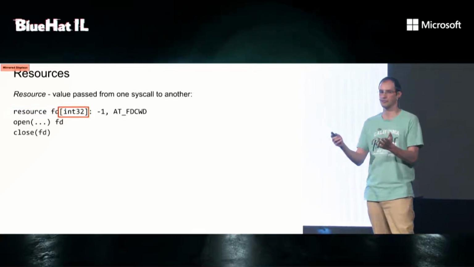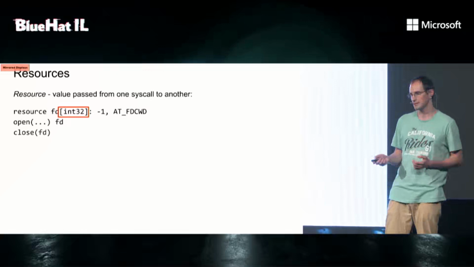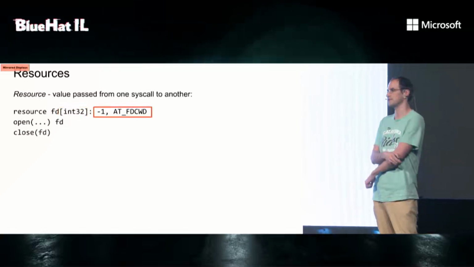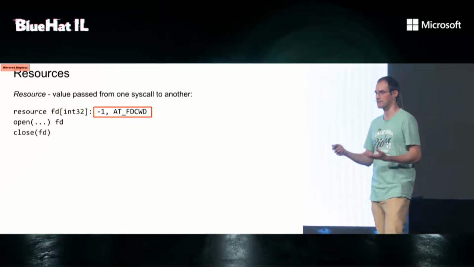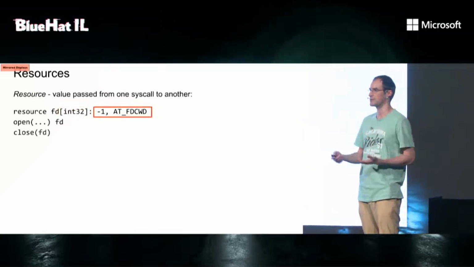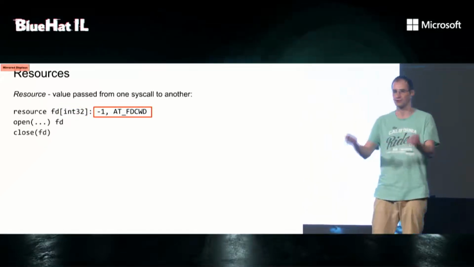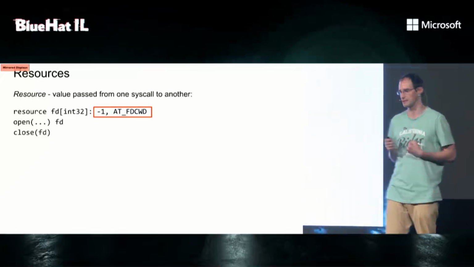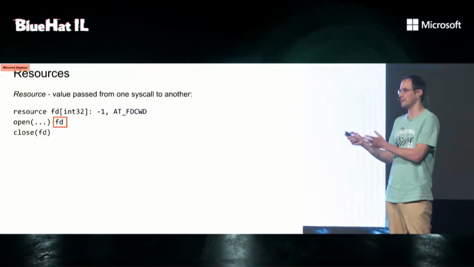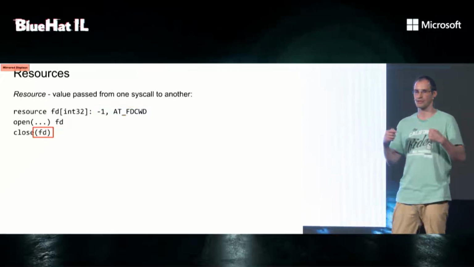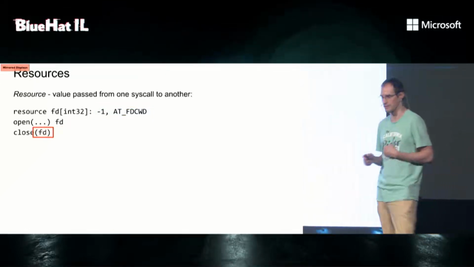So if it's inside of a structure, it will take 4 bytes. And optionally, you can specify a set of special values for this resource. Those values are something that the fuzzer can use directly. It doesn't need to call other system calls to obtain those values. And then we say that the open system call returns this thing called fd, and the close system call accepts this thing called fd.